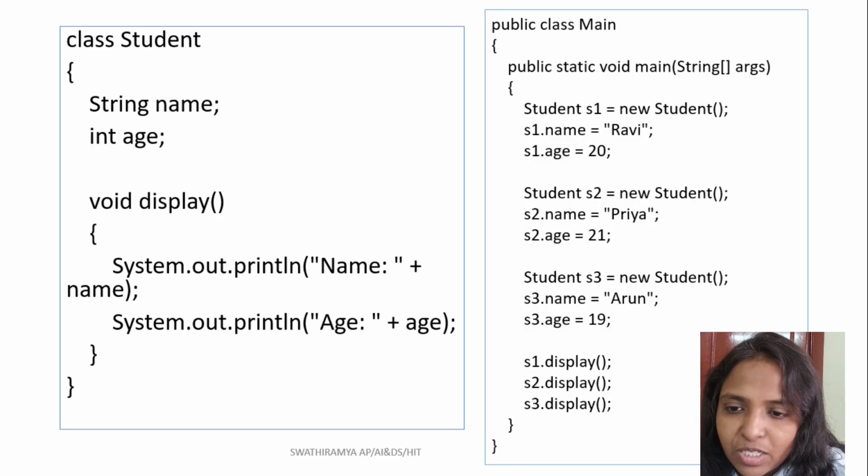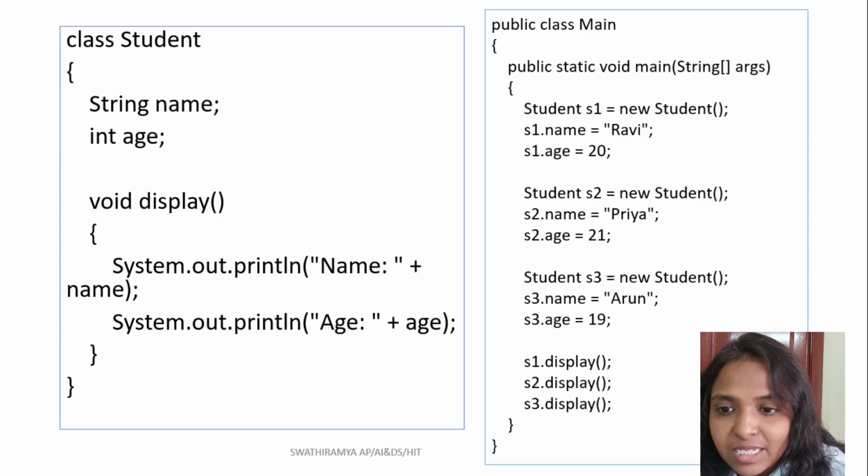Student s2 is equal to new student. Here for this object I am again giving the values. S2 dot name is equal to Priya, S2 dot age is equal to 21.